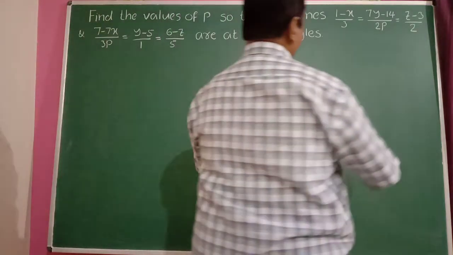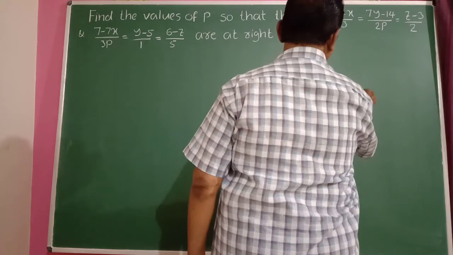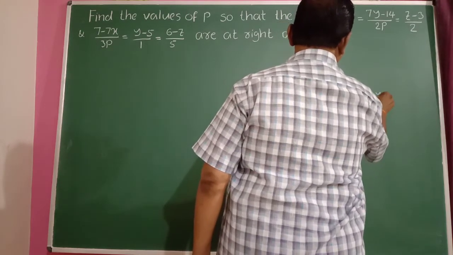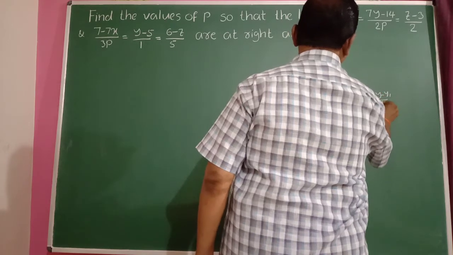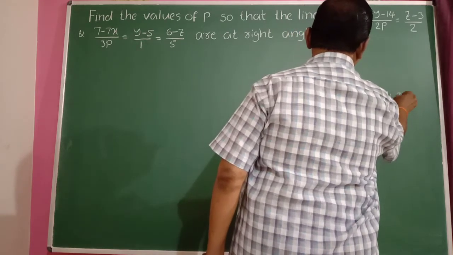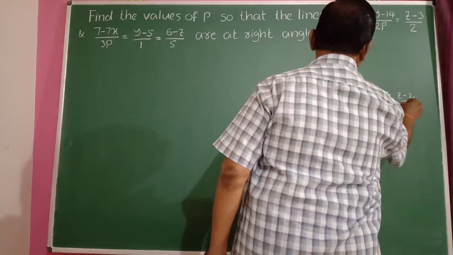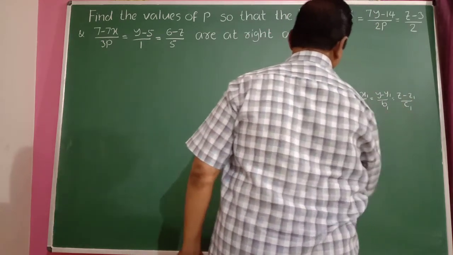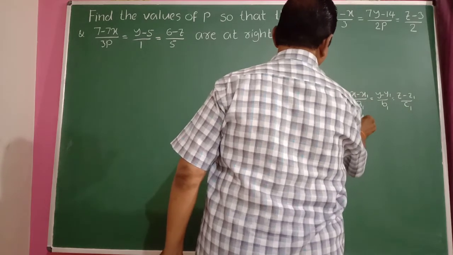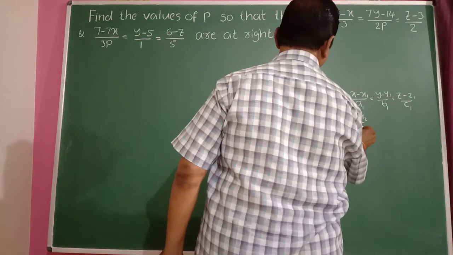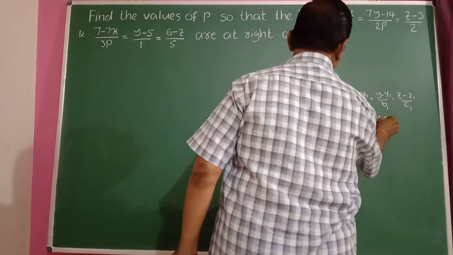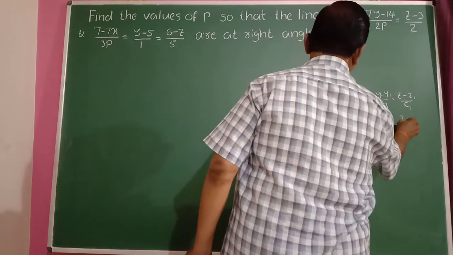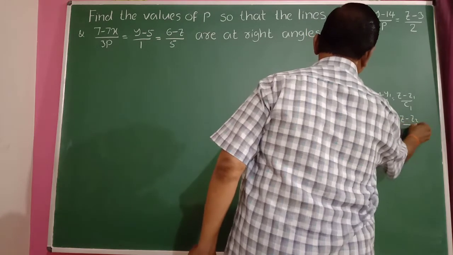So standard form means in this form here: x minus x1 divided by a1 is equal to y minus y1 divided by b1 is equal to z minus z1 divided by c1. Then x minus x2 divided by a2 is equal to y minus y2 divided by b2 is equal to z minus z2 divided by c2.